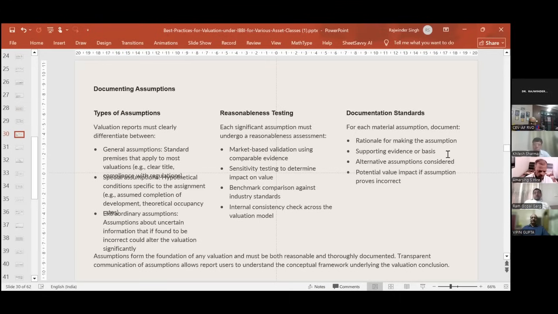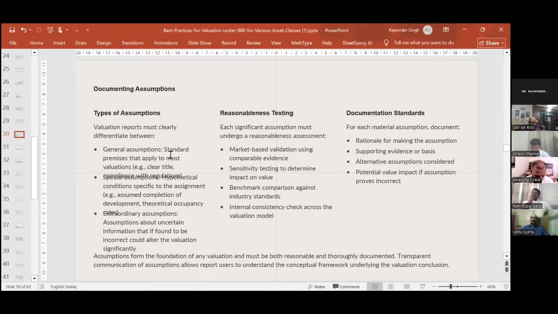And then assumptions are also important. So how can you document assumptions? First thing is you must clearly understand the different types of assumptions.